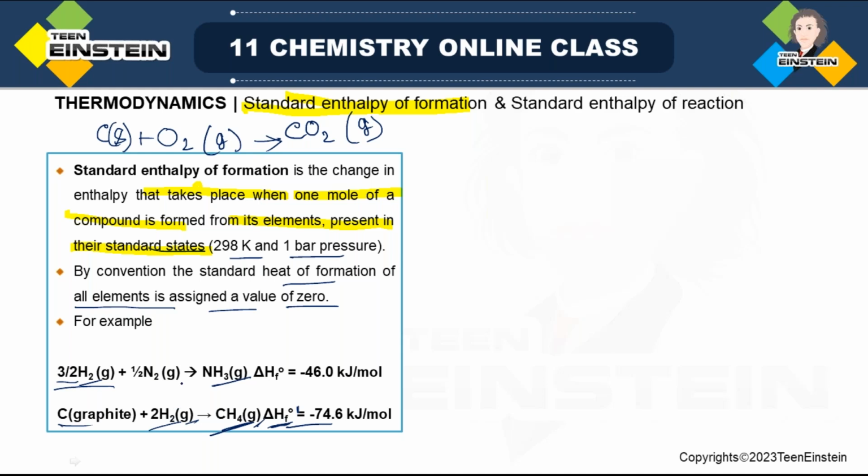So we have written 3 by 2 H2. And for nitrogen, we just need 1 nitrogen atom, so we have written half coefficient and it is diatomic, so N2. Half N2 means only 1 nitrogen atom. This is the value of standard enthalpy of formation for ammonia, which is minus 46.0.